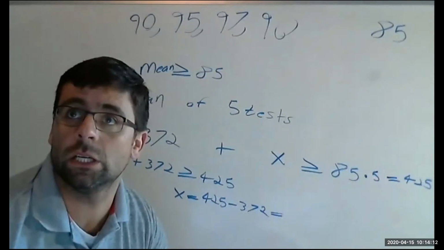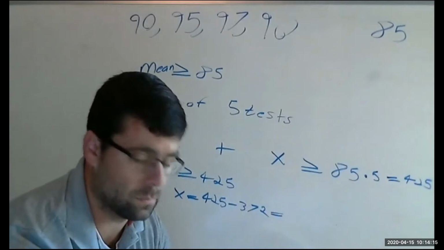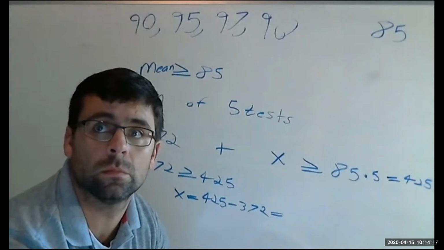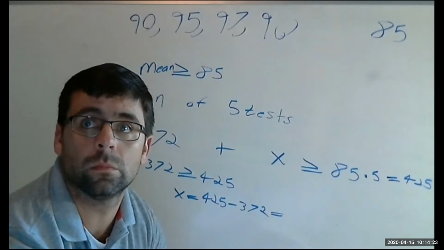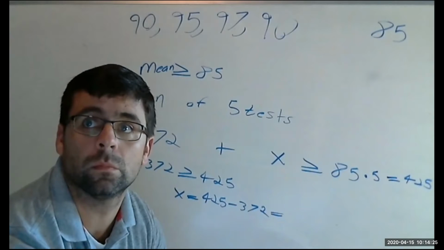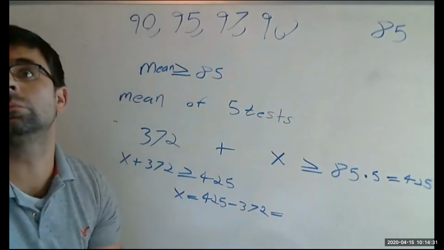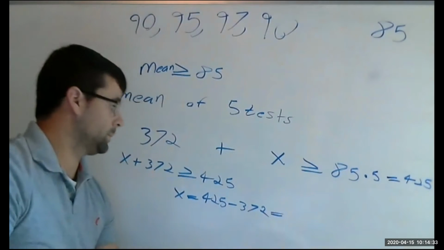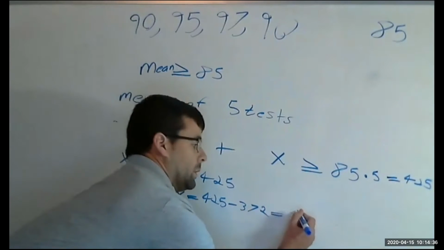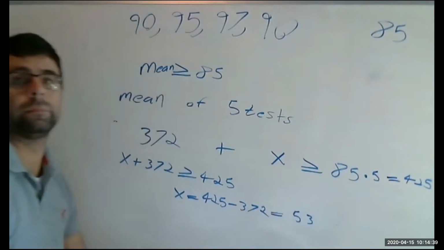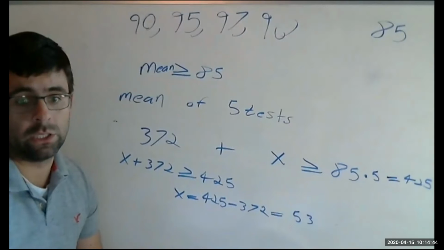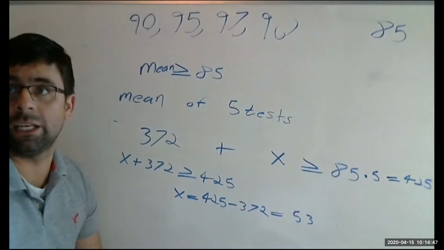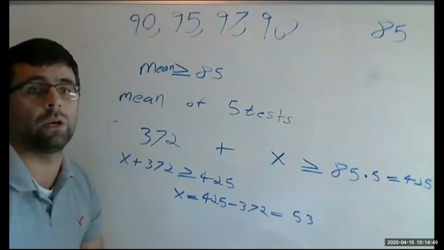Yep, 53. Okay. So 53. Yeah. So if you score at least a 53, then you can exempt the final. All right, good stuff.